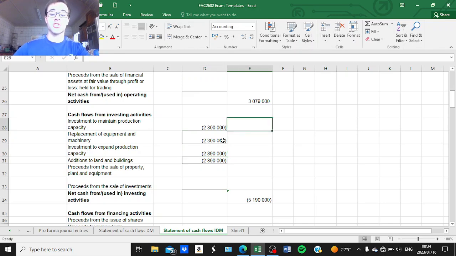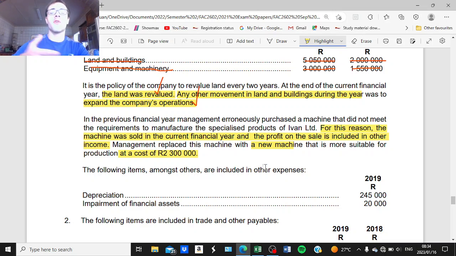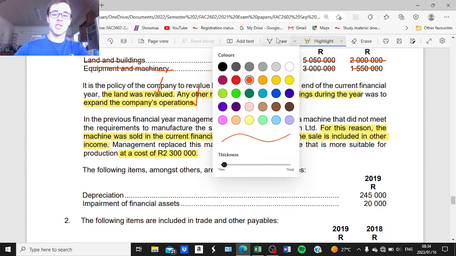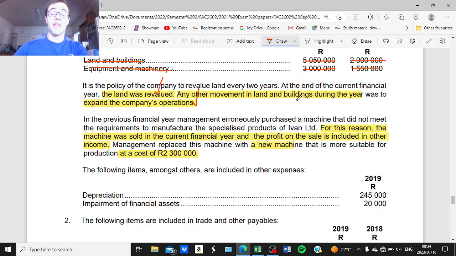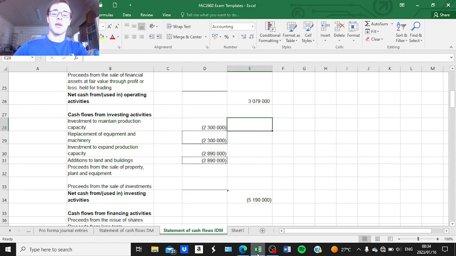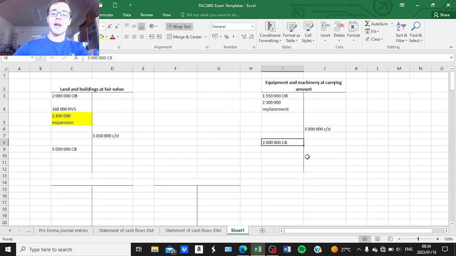Please show this as an outflow because funds flowed from the company to the external third party in order to acquire the additional machine for maintaining production capacity. 2.3 million rand.